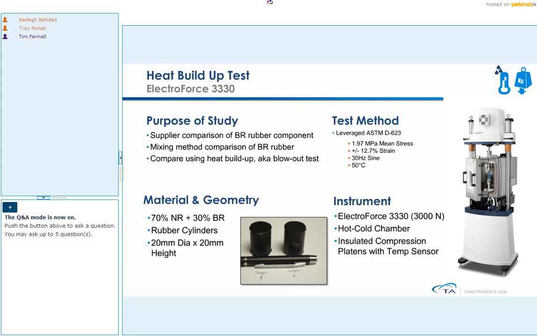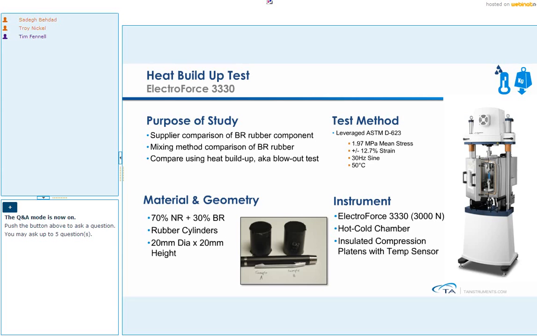So using an ElectroForce machine allows you to push it further to what is actually representative of the actual surface of that rubber compound. So this test is trying to replicate the strains that the sidewall of a flat tire experiences when you're still running on it, and to show how long it takes before that rubber sample completely fails.